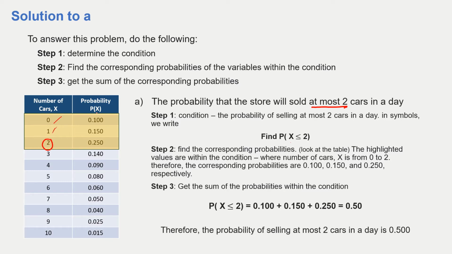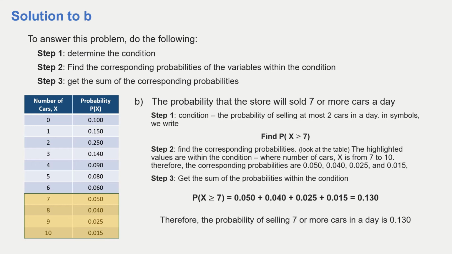So we need to get the corresponding probabilities: 0.1, 0.15, and 0.25. Step 3 is to get the sum of the corresponding probabilities. 0.1 plus 0.15 plus 0.25 is equal to 0.5 or 50%. So we have a 50% chance of selling 2 cars in a day, 1 car in a day, or you may also not sell a car in a day. That is the probability that either of these random variables will happen. It only goes up to 2: random variables 0, 1, and 2.